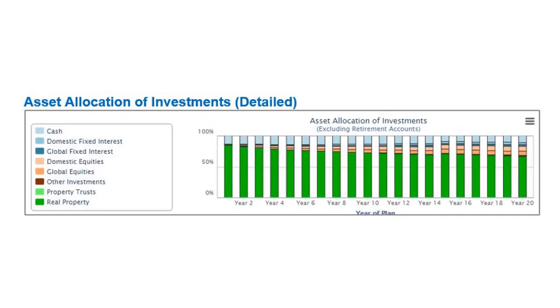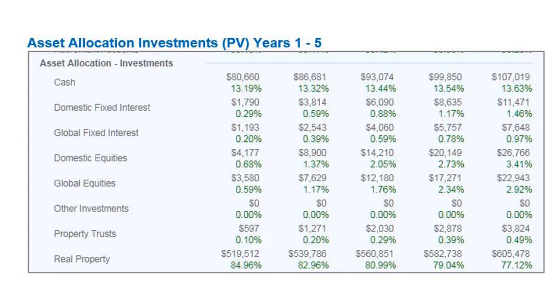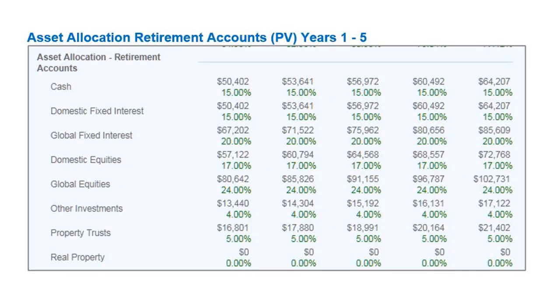In addition, the assets are divided into 8 categories, which are also available in the retirement accounts. These categories are cash, domestic fixed interest, global fixed interest, domestic equities, global equities, other investments, property trusts, and real property. When you use the data view, the allocations are presented in both dollar value and percentage in either present or future value. The information is presented for investments, retirement accounts, and combined.